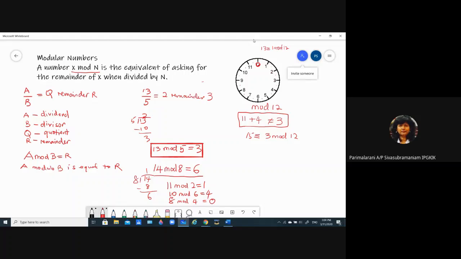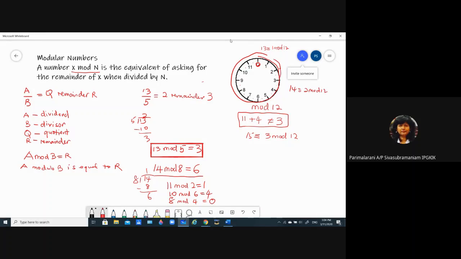So when we start from here and we move all around and come back to here, it's 13, right? And when we come here, it is 14. Next cycle, 14 is congruent to 2 mod 12.